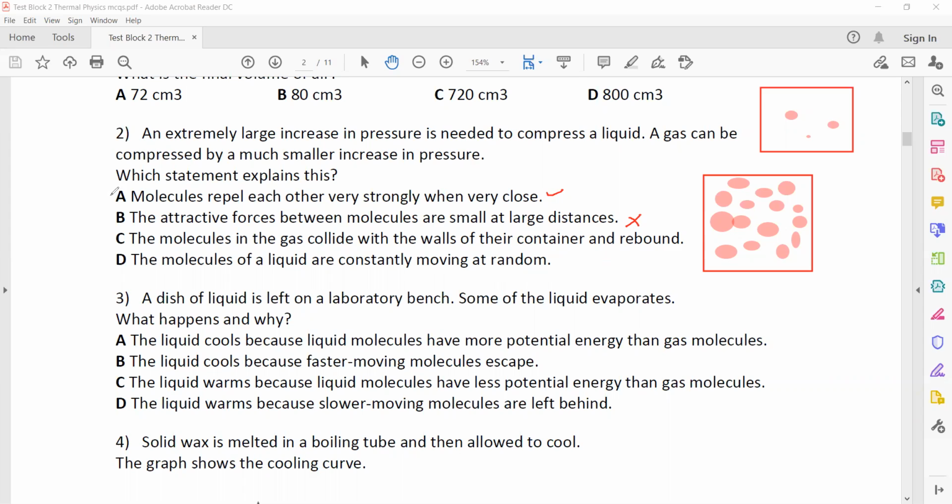The statement which explains this is that molecules repel each other very strongly when they are closer to each other, and due to this repulsion there is an outward force, so it is difficult to compress the liquid. But in gases, the molecules are far away from each other and the repulsion is very weak, so it is easy to compress gases.